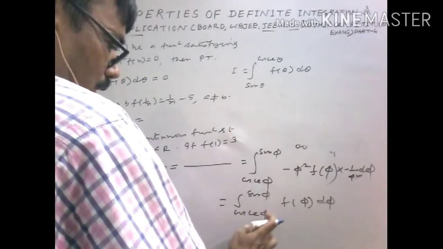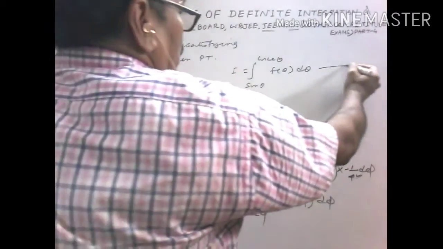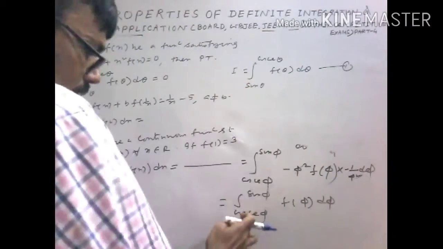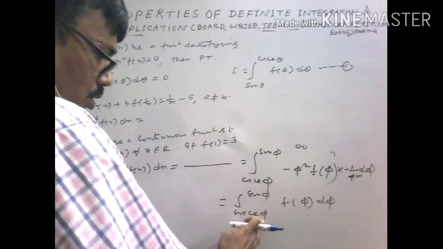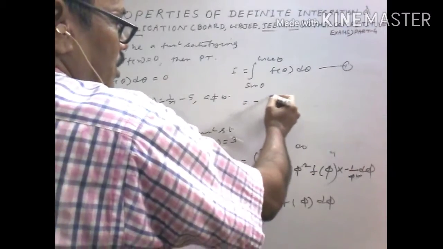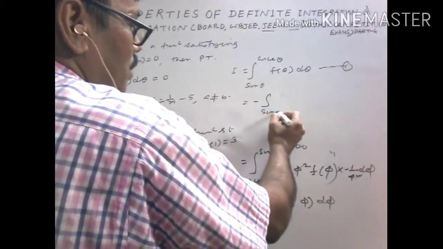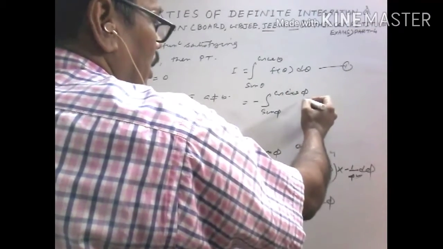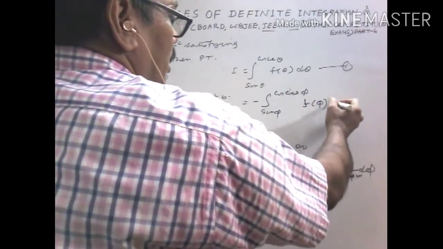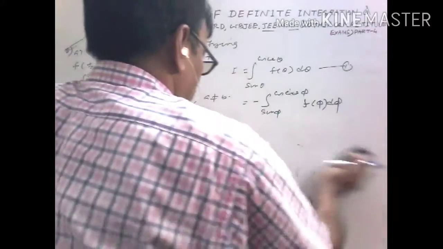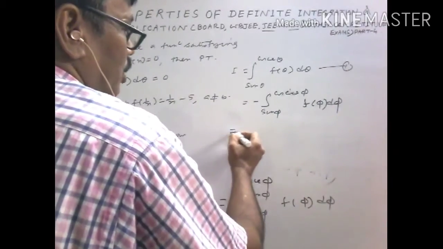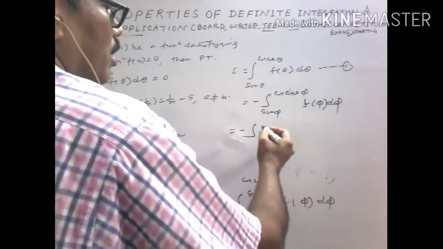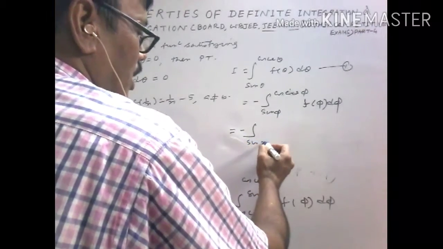If we simplify it, look, earlier in problem 1, sin theta was the lower limit, and now it is phi. So we can consider this as minus integral from sin phi to cosec phi of f(phi) d phi. Then we change the variable phi to x.